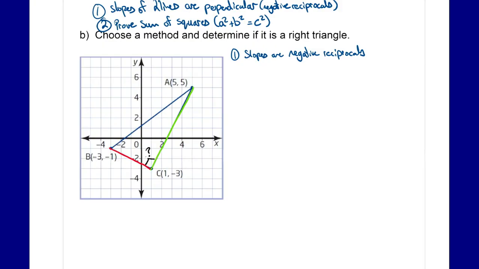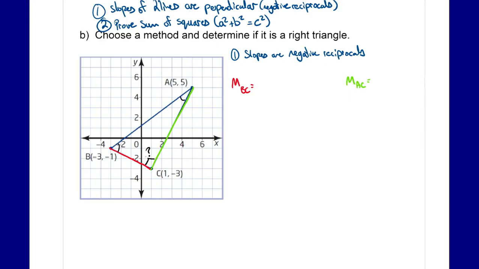Just by looking at the visual, I can probably guess it's not going to be either of those two angles, because those clearly don't look like 90 degrees. So I'm going to check this angle down here. In order to do that, keeping the colors consistent, I need to find the slope of BC, and I'm going to need to find the slope of AC.